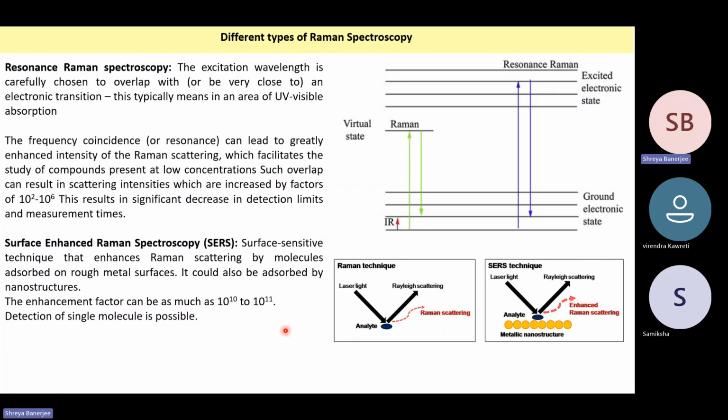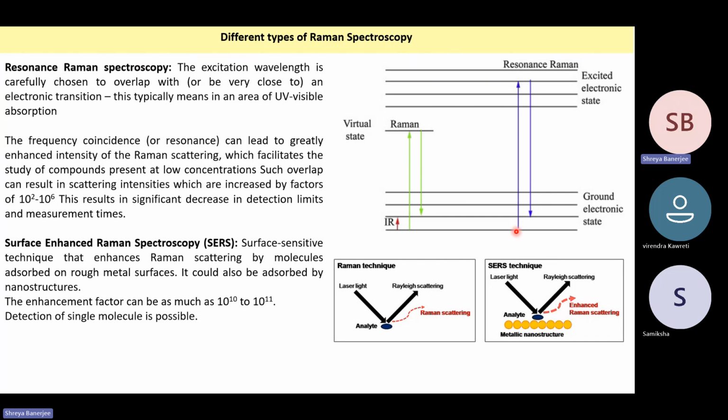So you can increase the intensity of Raman spectroscopy using some techniques. One technique is the resonance Raman spectroscopy, where normally in Raman spectroscopy, you just supply a certain energy and you see how the scattering is happening. But in resonance Raman spectroscopy, the energy supplied is the same as the energy difference between two electronic levels.